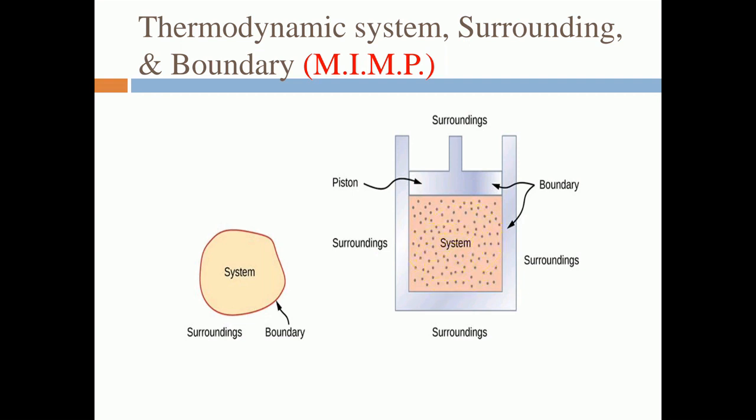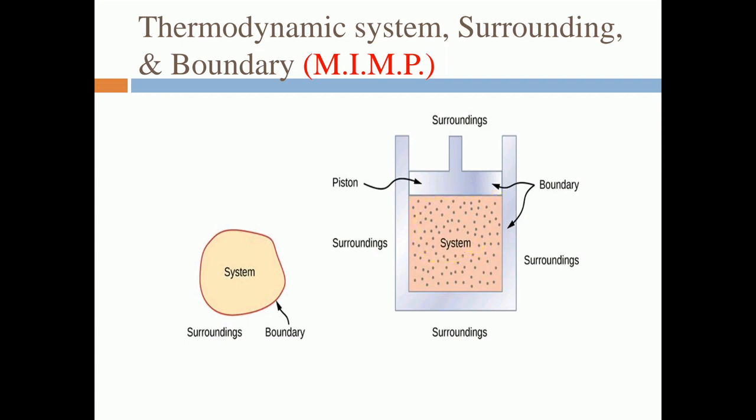So what is system? It is the region in a space for thermodynamic study, or a selected quantity of matter for thermodynamic study, is known as a system. And what is the boundary? So this one is known as a boundary, and in this case the boundary will change, or you can say it is movable, because the piston moves up and down, so the boundary of this system will change.